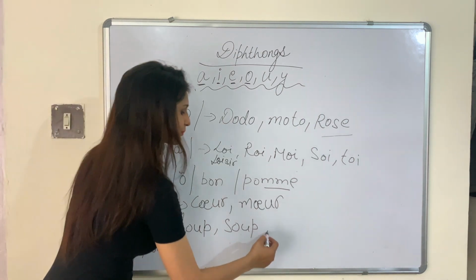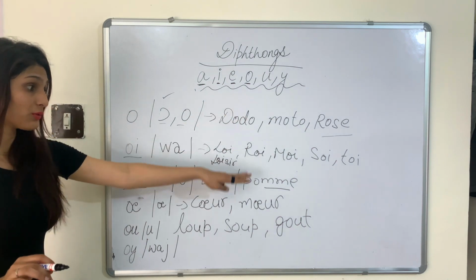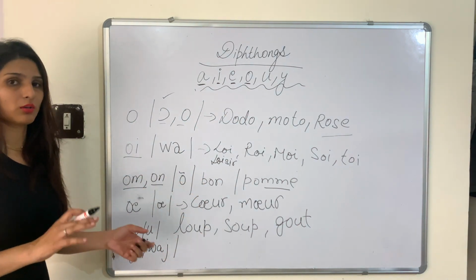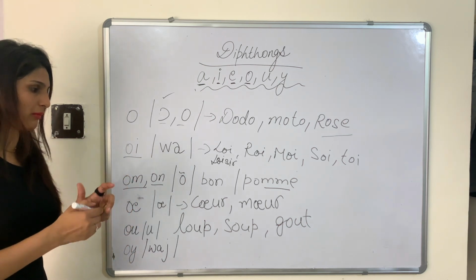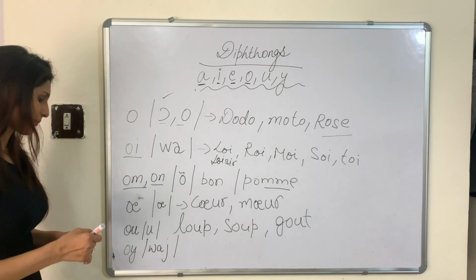And goo. I'm just giving you these words only for the sound. Do not try to say, oh no, this is wrong, this is not correct. Actually, these are only for sounds. I'm giving you the examples.